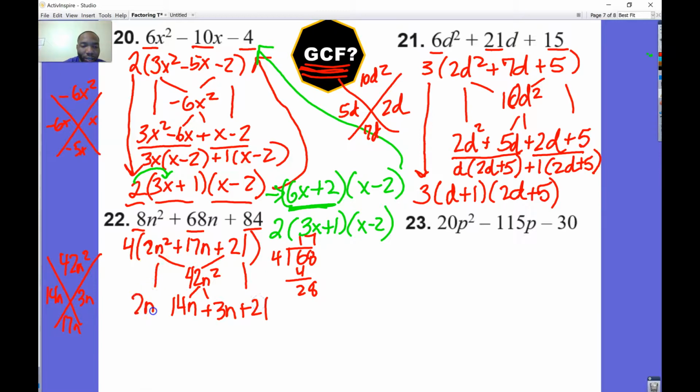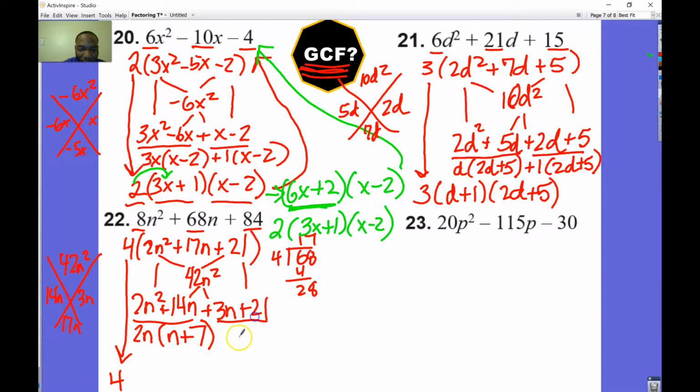14n plus 3n. Bring down the 21. Bring down the 2n squared. Set up this 4 down here at the bottom so we don't forget about you, buddy. And put our plus sign here. All right, what comes out of there? The GCF will be a 2n. And when we take that out, we end up with n plus 7.